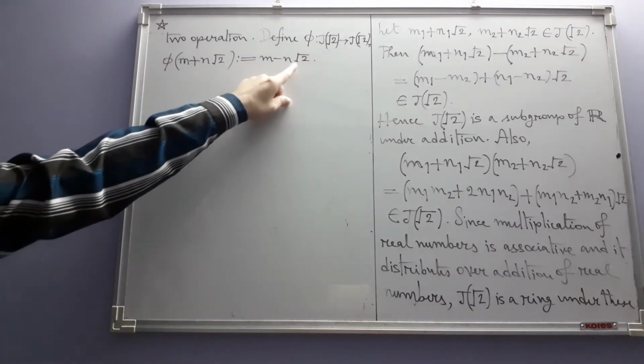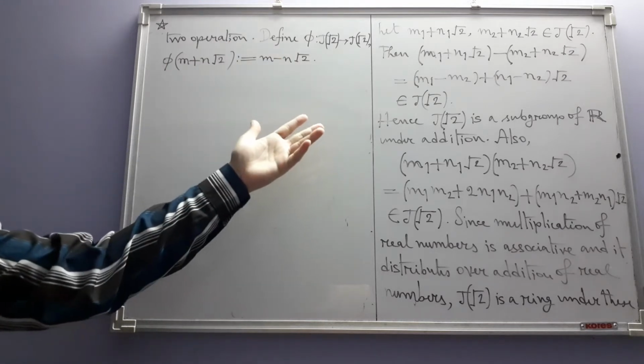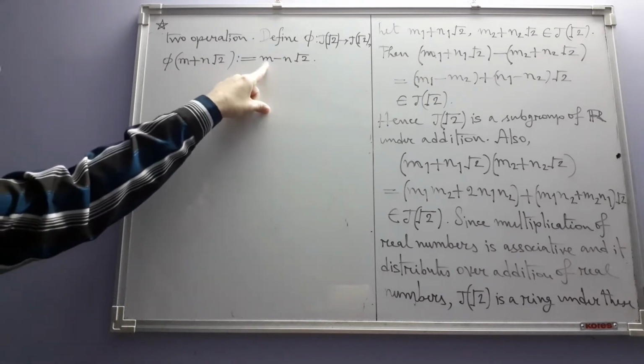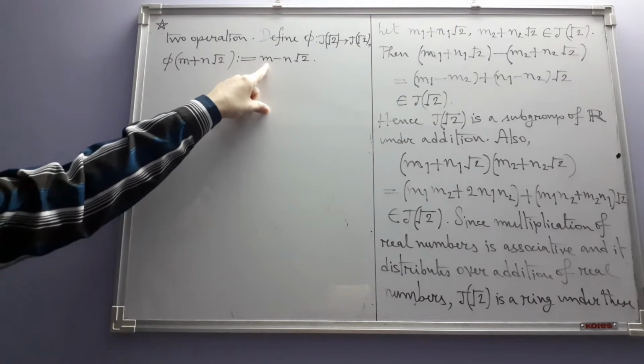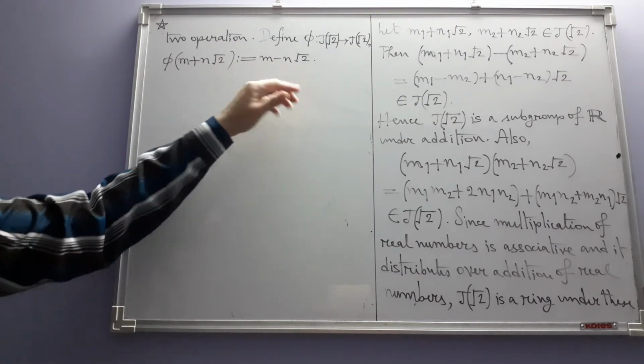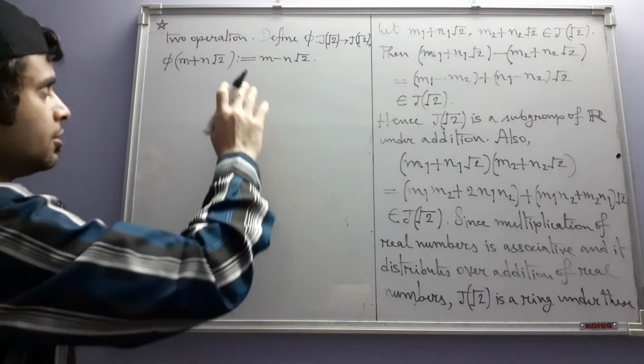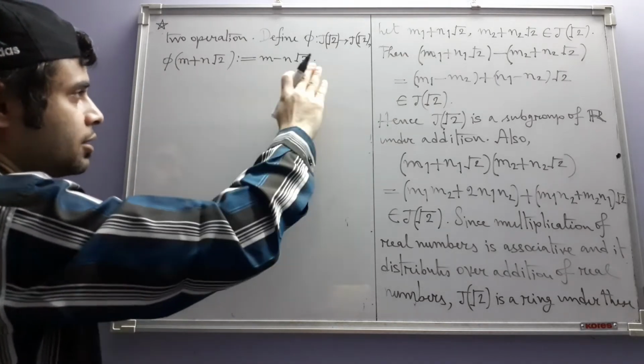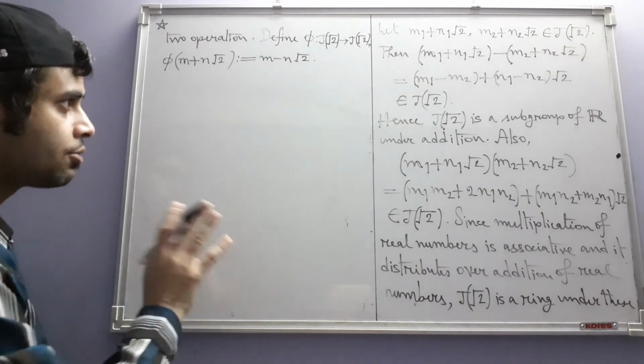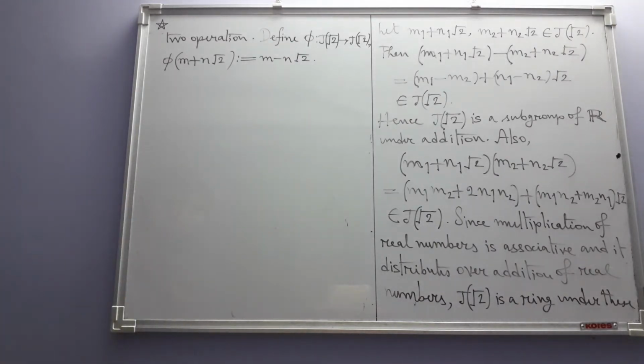Note that m minus n root 2 is again an element in J root 2 because the components, if we call them components, m and minus n are again integers because m and n are integers. So that's why this function is a well-defined function. We now claim that this is a homomorphism.